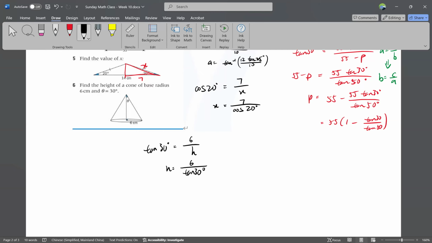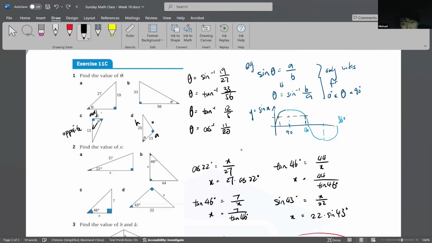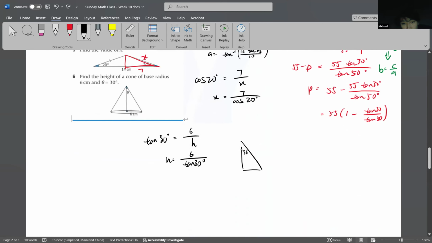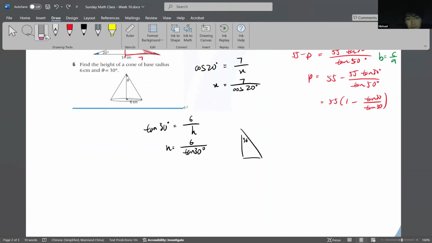Yeah. All right, but another way to solve this is, let's say you have a right angle triangle with a 30 degrees angle, and we have 6 here. Did I ever teach you guys the 1, 2, 3 ratio?